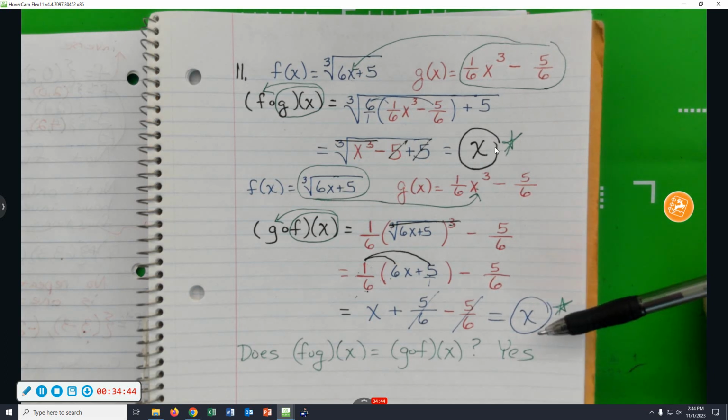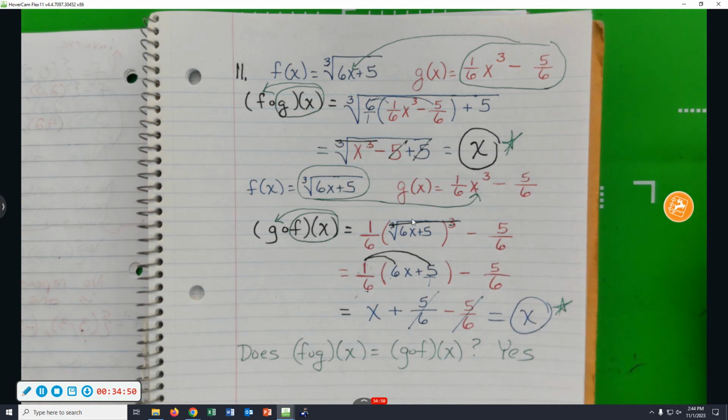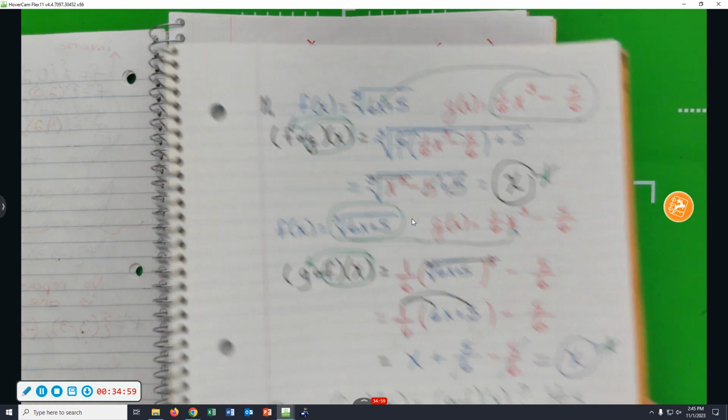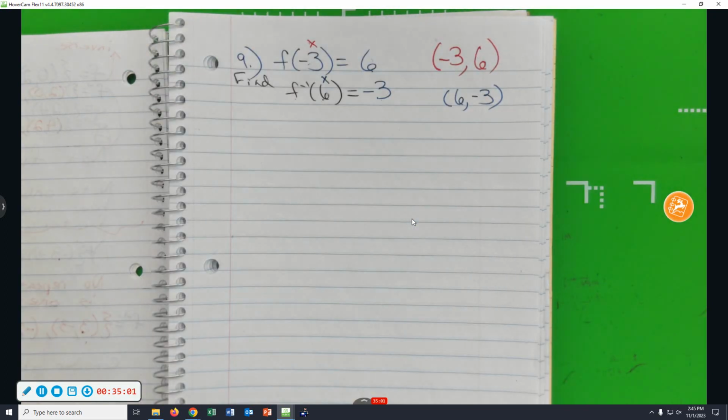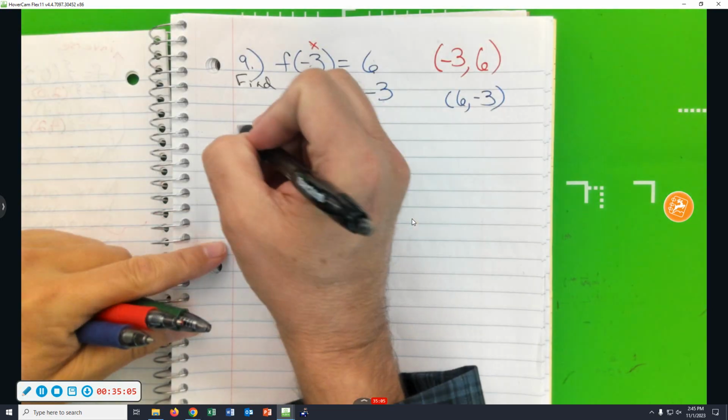That's basically the algebraic definition of inverse. We already know what an inverse does. An inverse takes the ordered pairs, the x becomes the y and the y becomes x. But how do we say that algebraically in terms of functions? Here's our formal definition of inverse function.